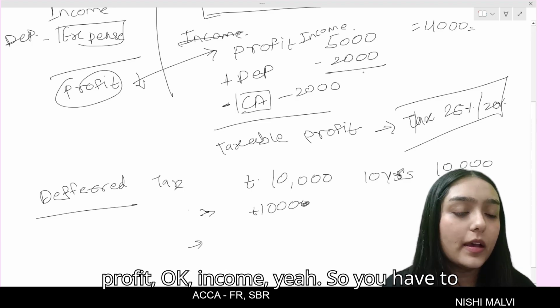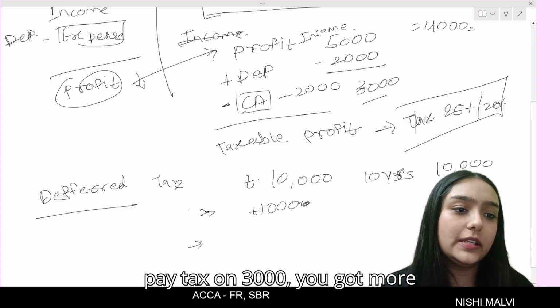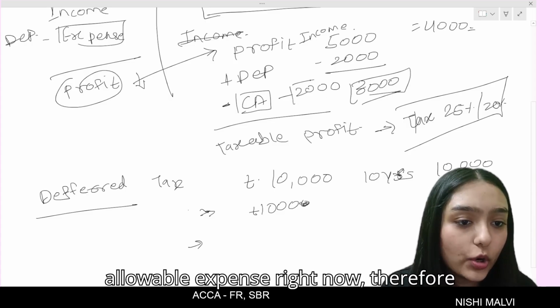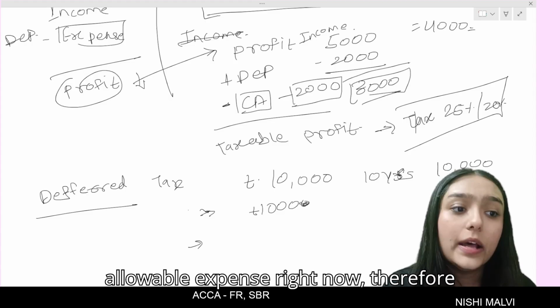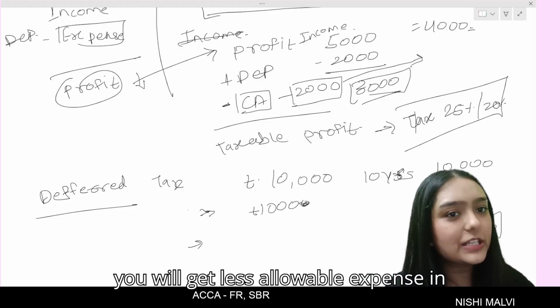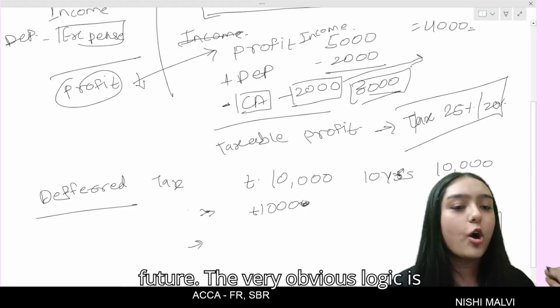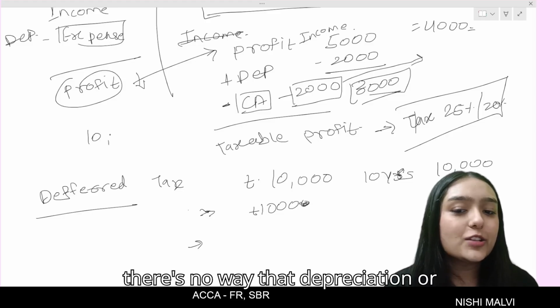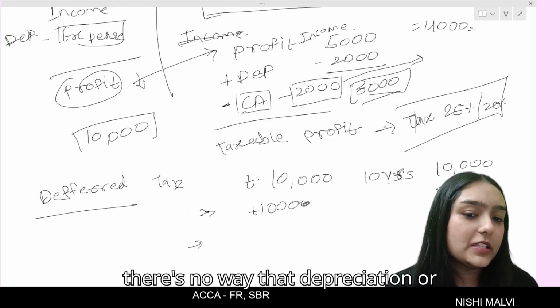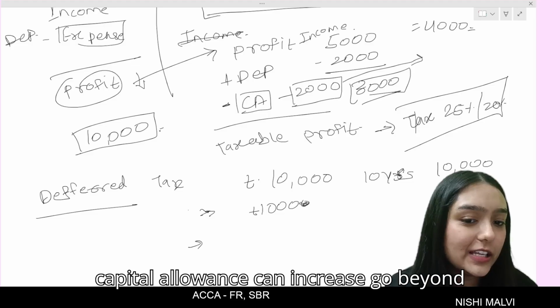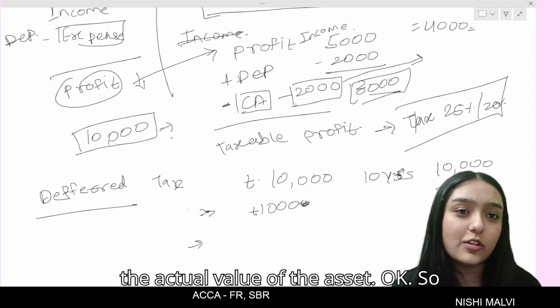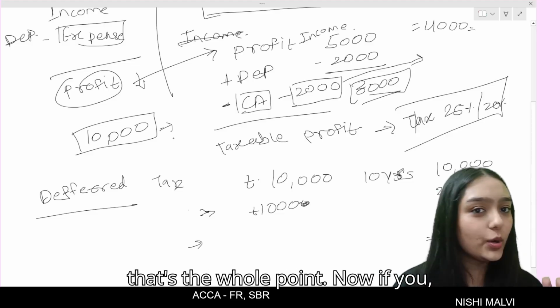So you have to pay tax on 3,000. You got more allowable expense right now, therefore you will get less allowable expense in future. The very obvious logic is that there is no way depreciation or capital allowance can go beyond the actual value of the asset. So that's the whole point.